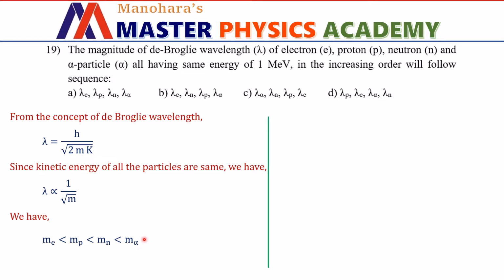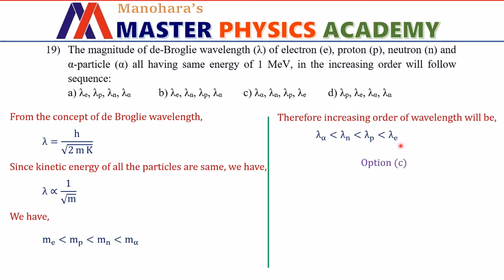Therefore, the wavelength in increasing order is: wavelength of alpha particle less than wavelength of neutron less than wavelength of proton less than wavelength of electron. Option C is the right choice.